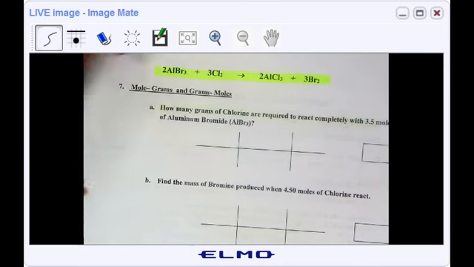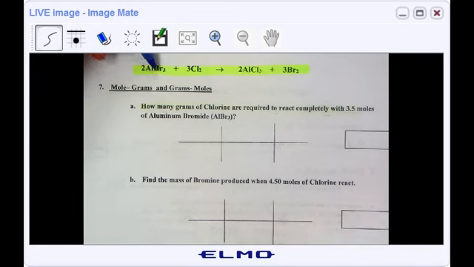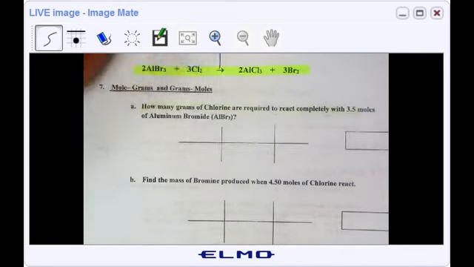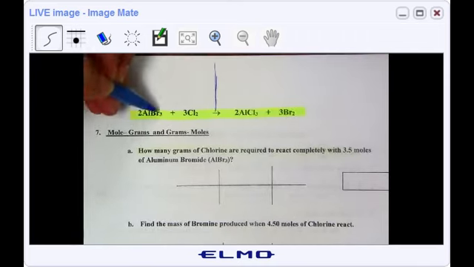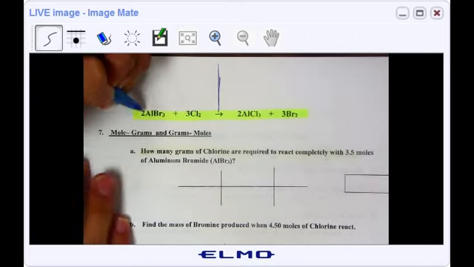Before I even read it, I'm going to double check that this is balanced. When I say balanced, that means whatever elements are on this side have to be equal to the elements on this side. So it says I have 2 Als.